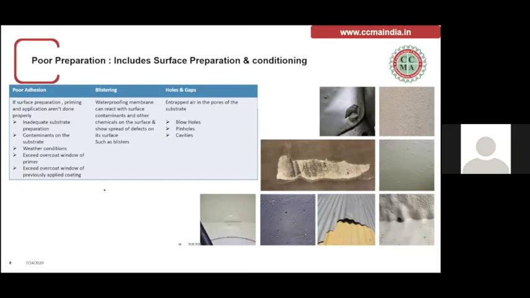The last two which I'm trying to highlight are more related to the application. One is exceeding the overcoat window of the primer. So I apply a primer today, and after 3 days I start my waterproofing application. So the primer gets contaminated. That's where the problems can come. And then you do the coating.